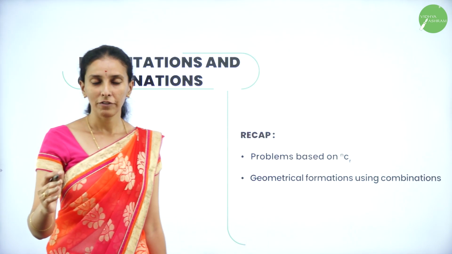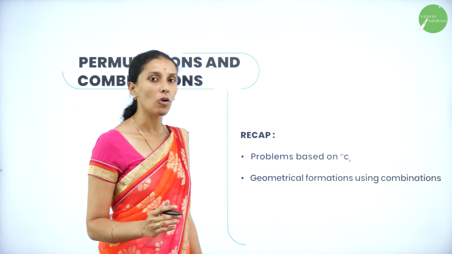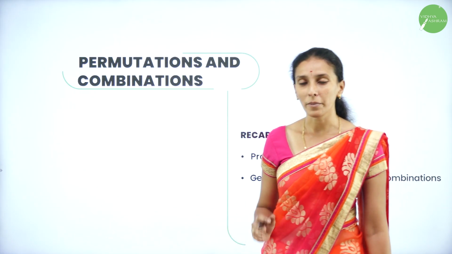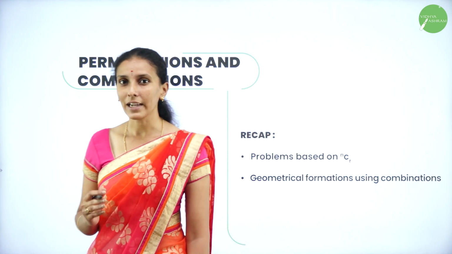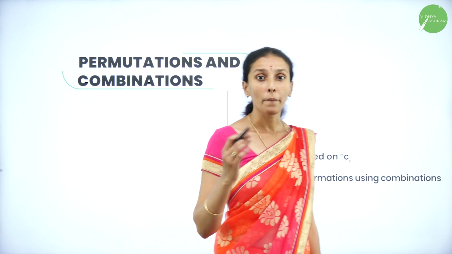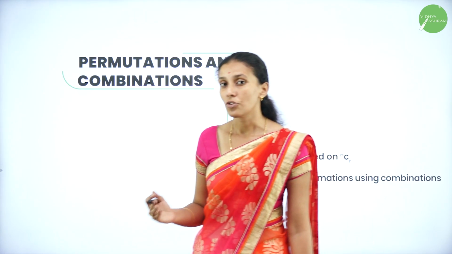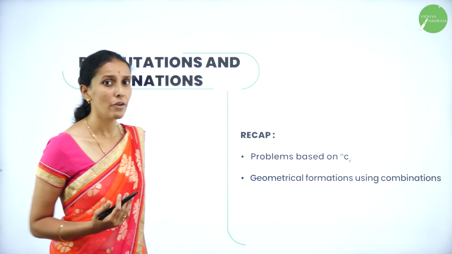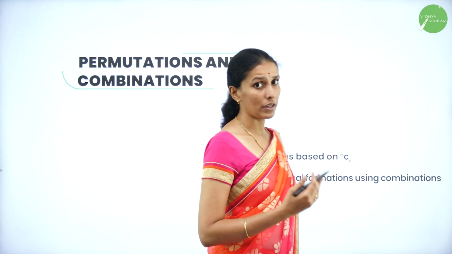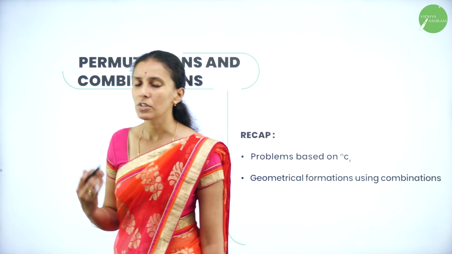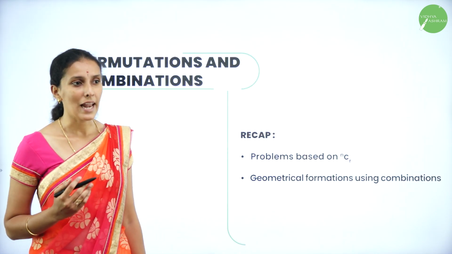The proof is not there for your syllabus, but you have to remember all the properties and some important formulas for the geometrical figures. So we have studied the formation of straight lines, the formation of triangles, how many diagonals can be drawn inside a polygon, or how many sided polygon is there when a certain number of diagonals are given. These types of questions and very simple problems we have solved in our last session.